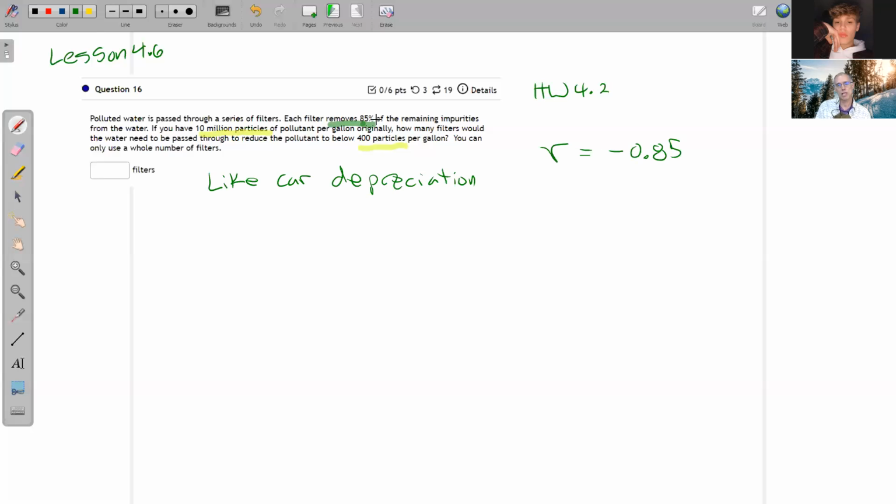The formula for some percent change like this is your future amount is equal to your present amount times 1 plus your rate to the power t. So this is like the compound interest formula for yearly compounding. Our R is negative 0.85, so I need to know what 1 minus 0.85 is. Double check on a calculator, but I think that should be 0.15.